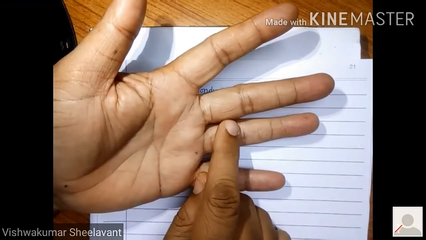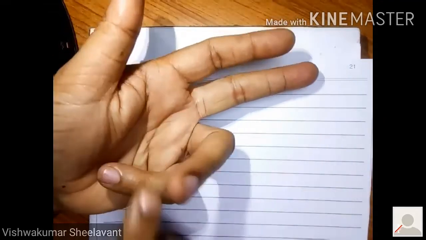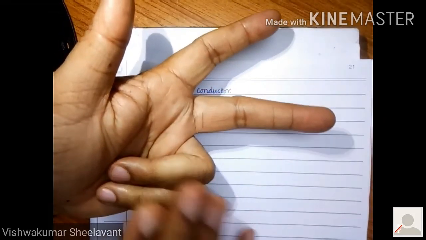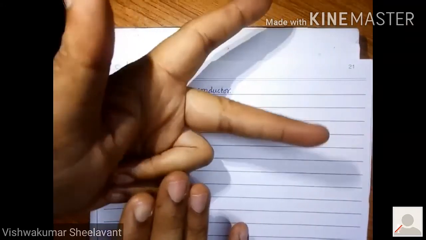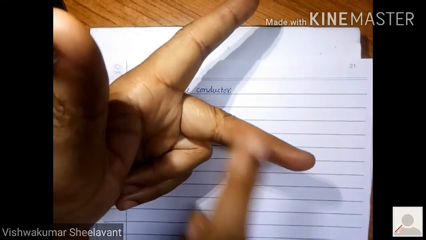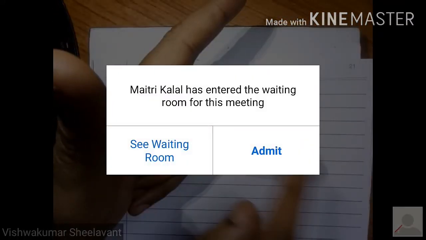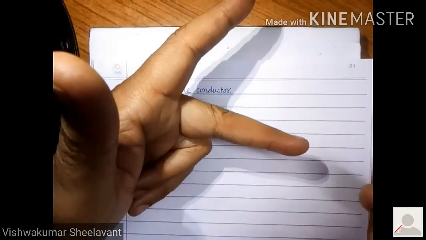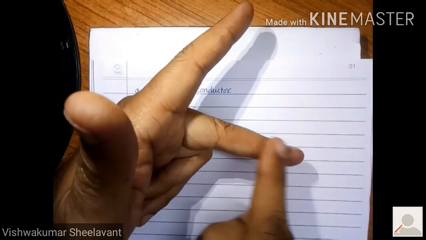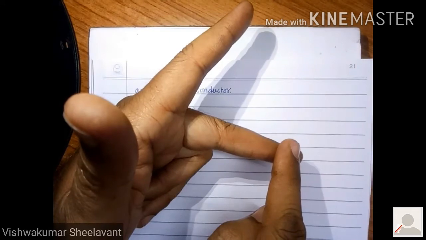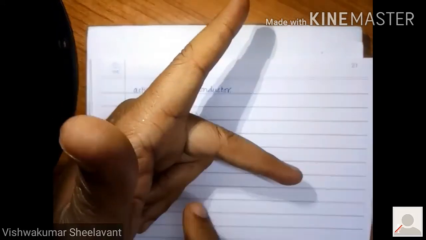To avoid confusion, I will fold these first. These are of no use now in application of this rule. Now this is middle finger. This is forefinger.